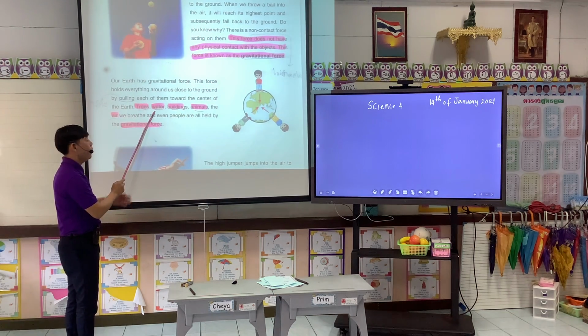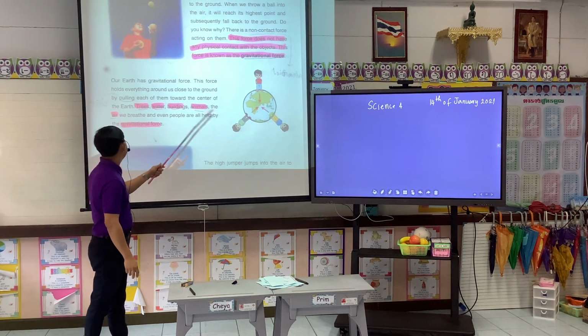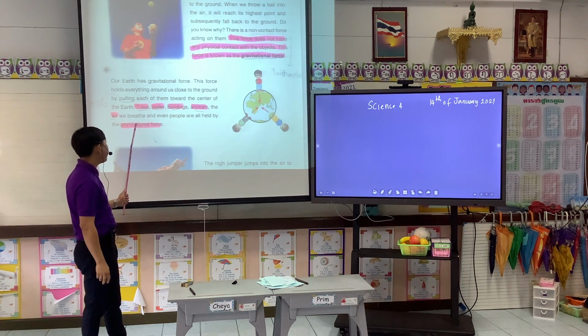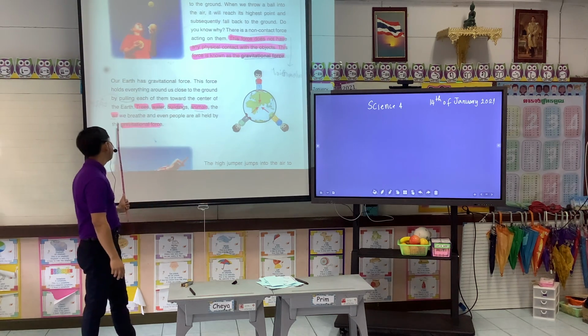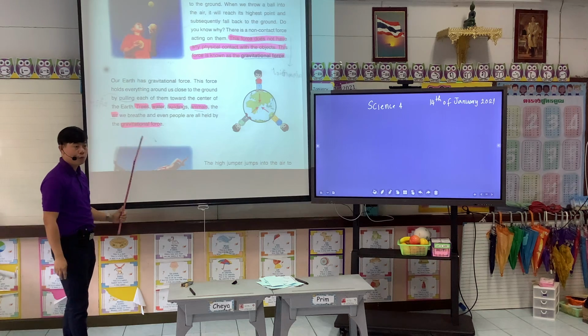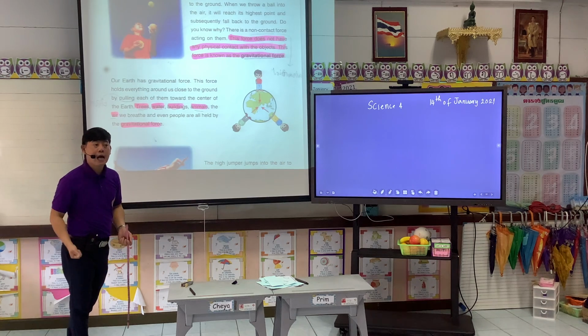Trees, water, buildings, animals, the air we breathe, and even people are all held by the gravitational force.